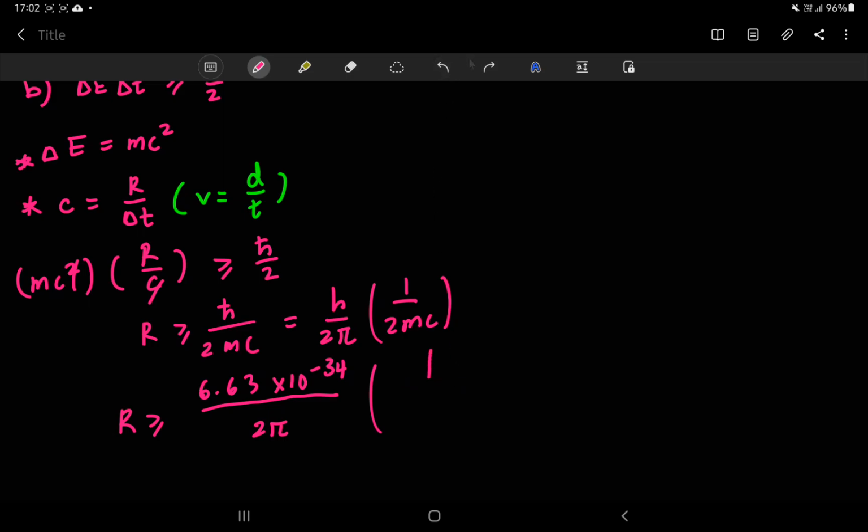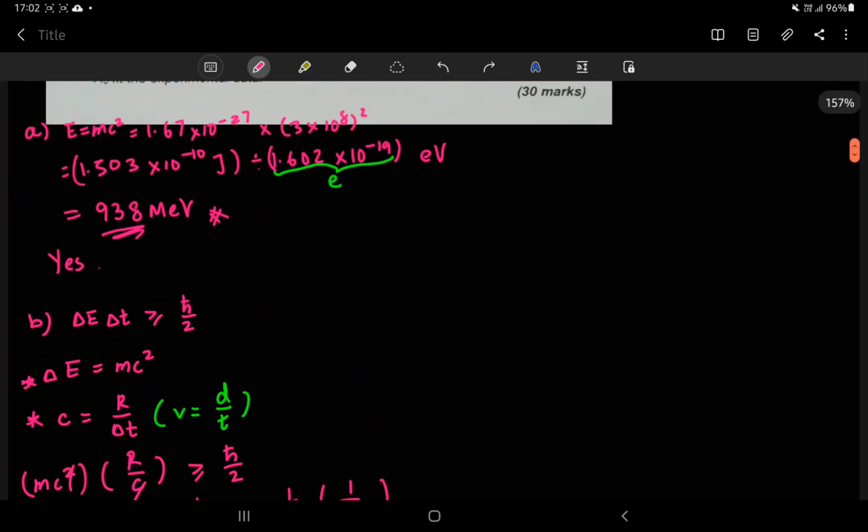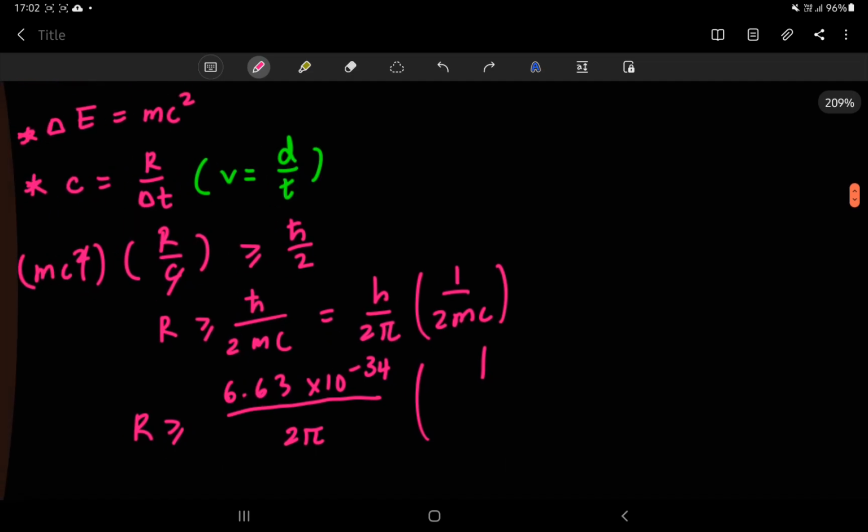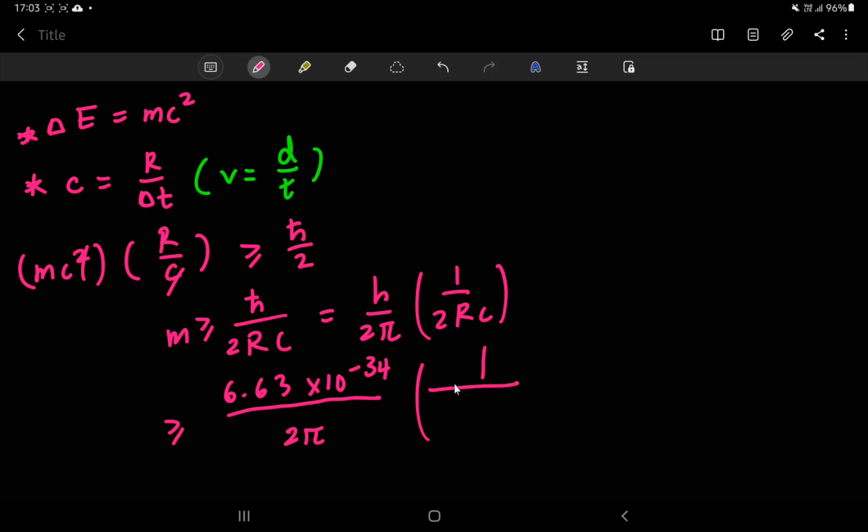So given R, we need to find the allowed mass, so we need to make m the subject, not R. So m as the subject, which means R is supposed to be there. R.